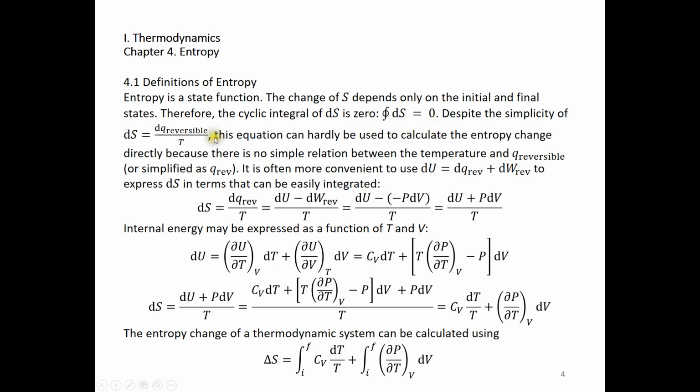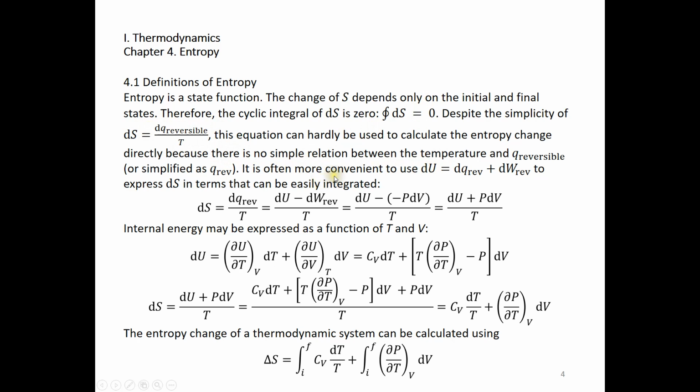By the simplicity of this equation, the exact differential of entropy is equal to dq reversible over T. This equation can hardly be used to calculate the entropy change directly, because there's no simple relation between this temperature T and this dq reversible.